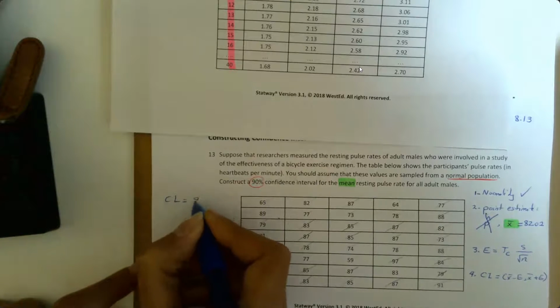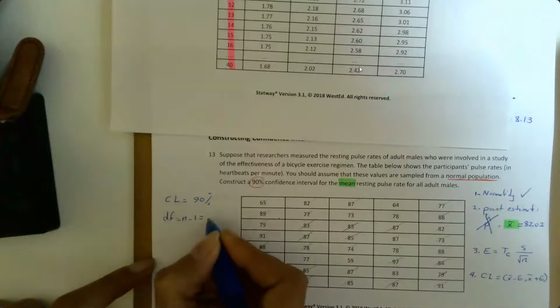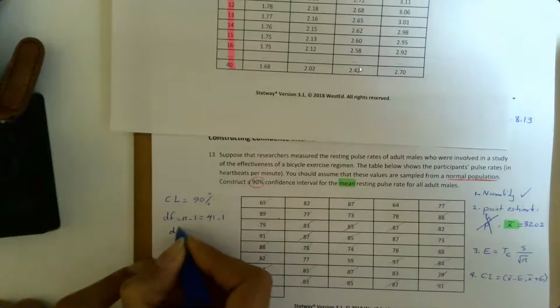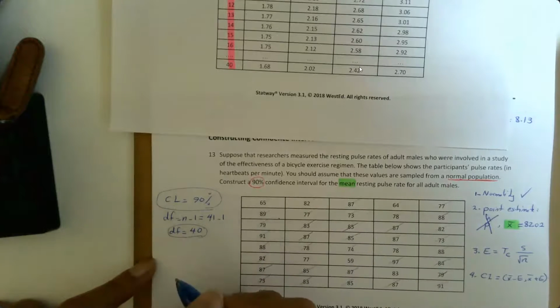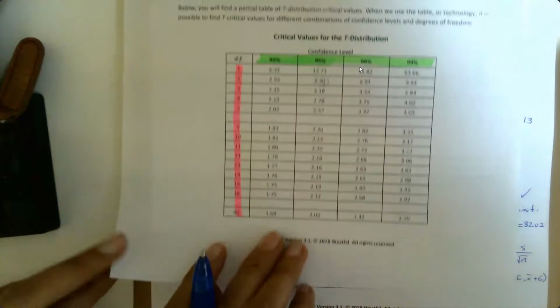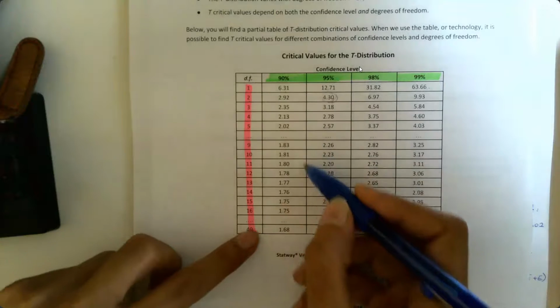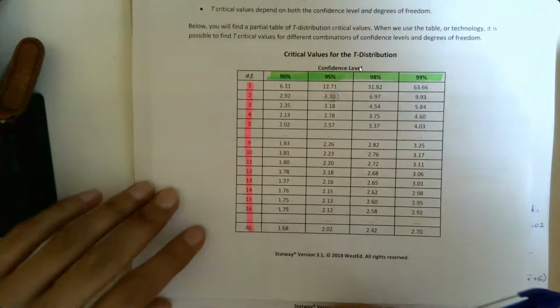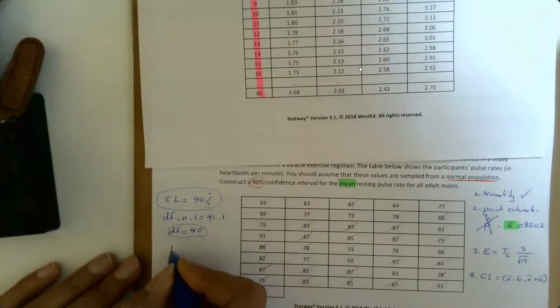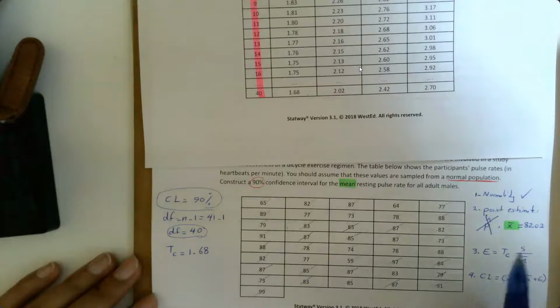The degrees of freedom, which is n minus 1, is 41 minus 1, so the degrees of freedom is 40. With 90% and degrees of freedom 40, the critical value is 1.68. So t sub c is 1.68.